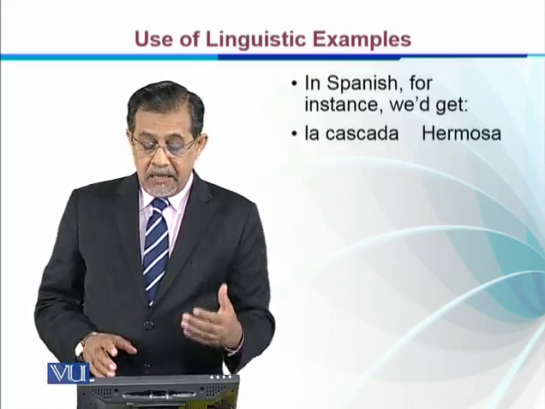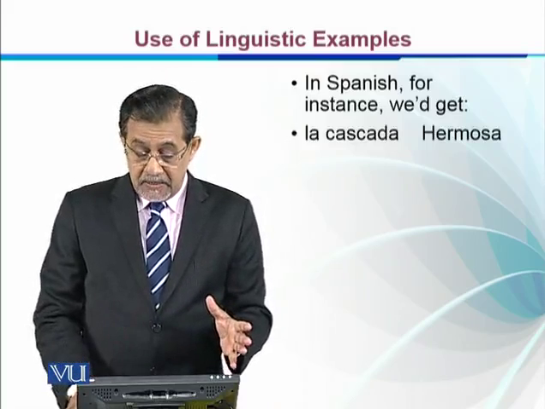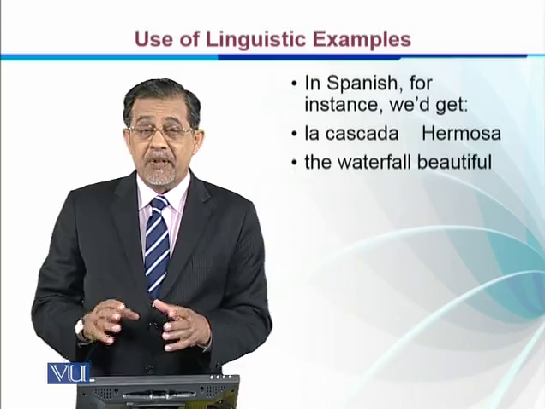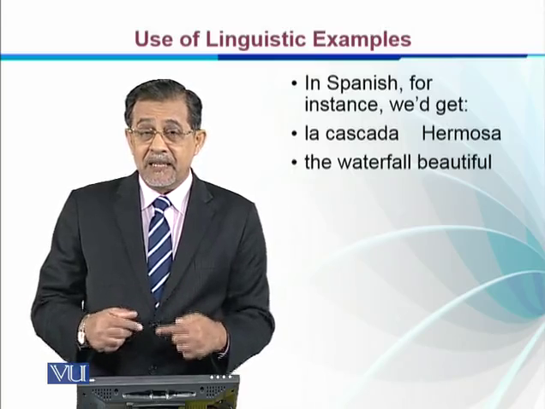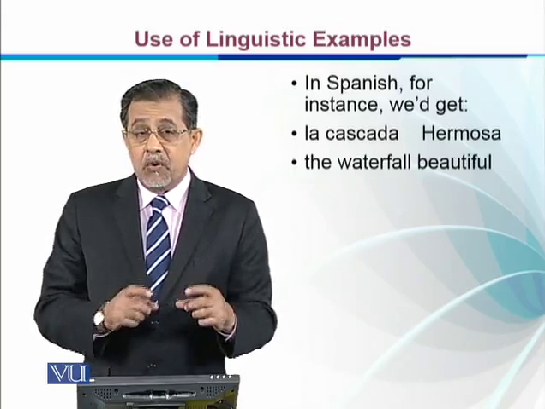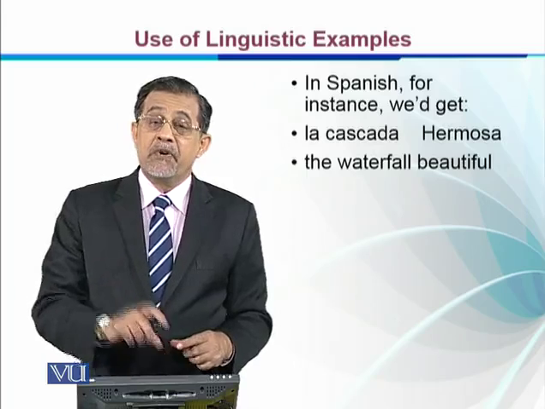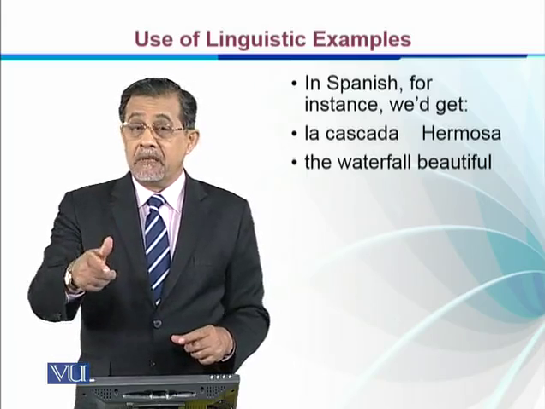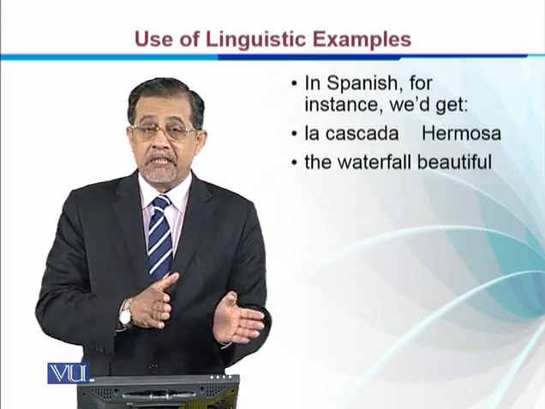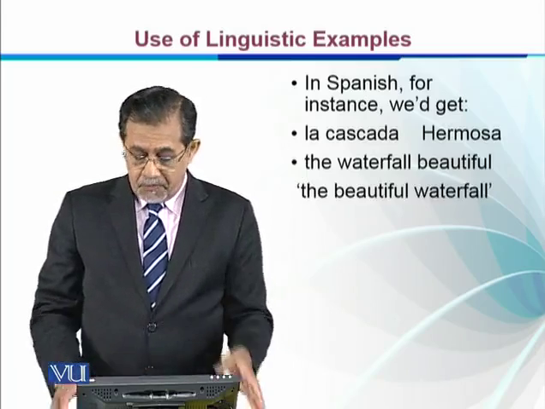We would get La Cascada Hermosa. The waterfall, beautiful. This translation shows us that now the syntax is changed. Now the noun is before its adjective, whereas in English and in German we have seen that the adjective comes before its noun. The beautiful waterfall.